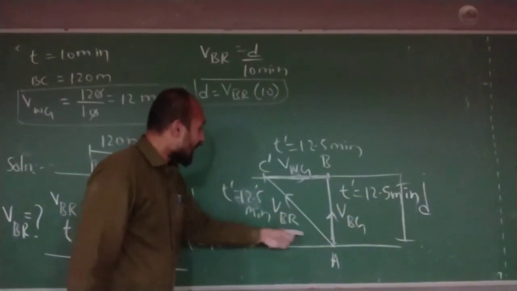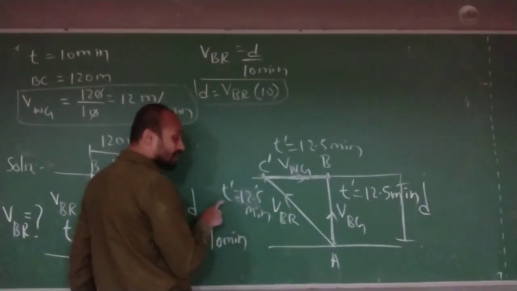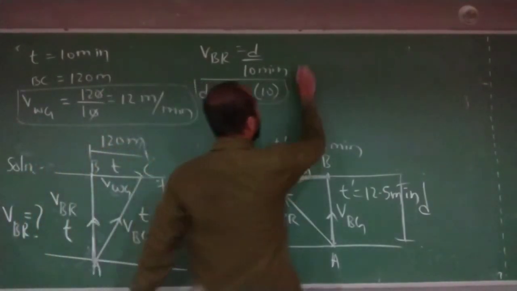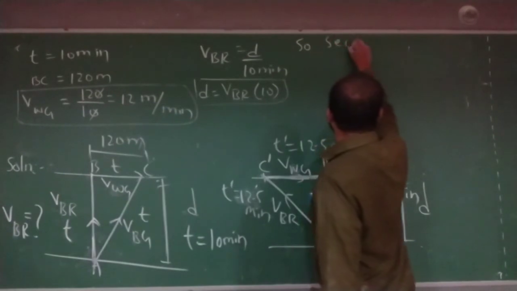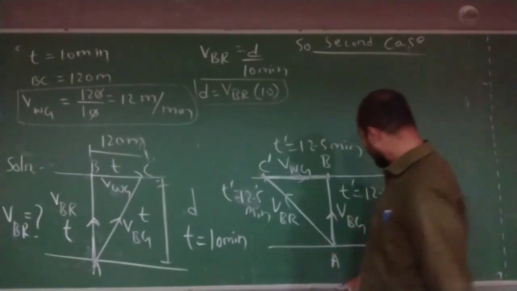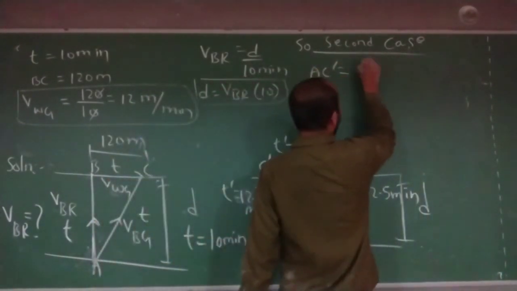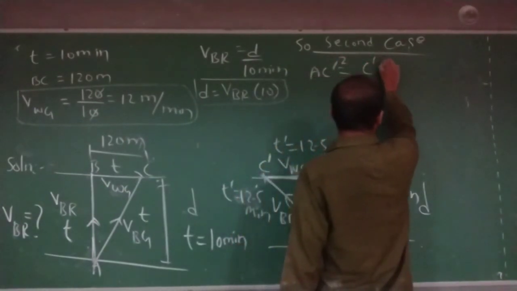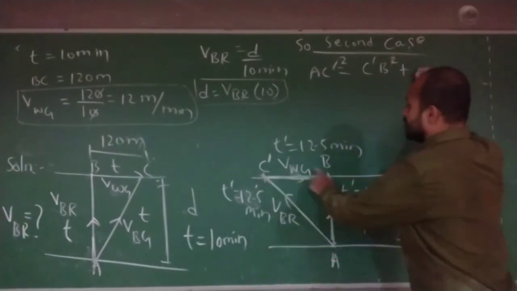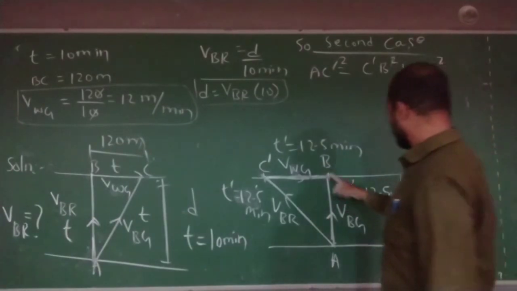So here I will calculate AC now. AC is equal to VBR into T dash. Correct? So from this diagram, from the second case, I can write AC dash whole square is equal to C dash B whole square plus BA square.